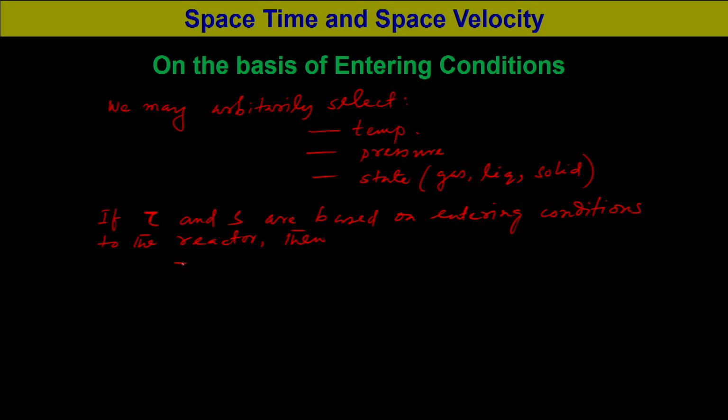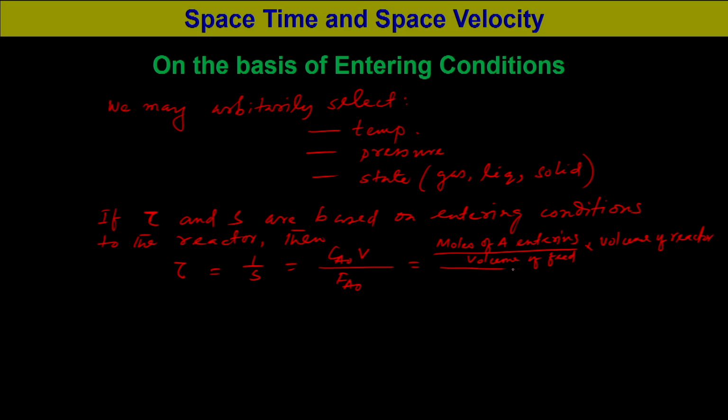then we can write tau is equal to 1 by S is equal to Ca naught V divided by Fa naught, that is moles of A entering per volume of feed multiplied by the volume of reactor divided by moles of A entering per time.